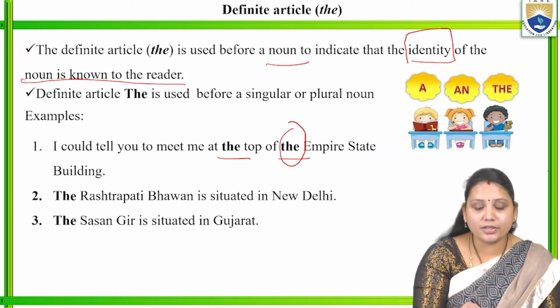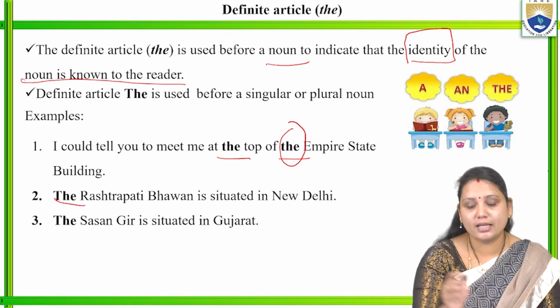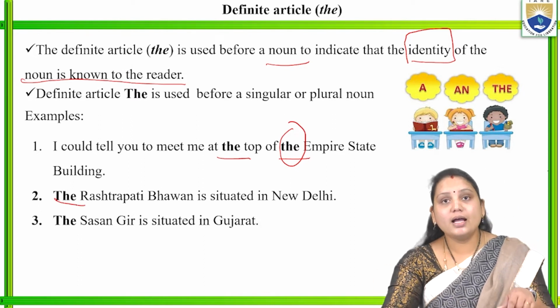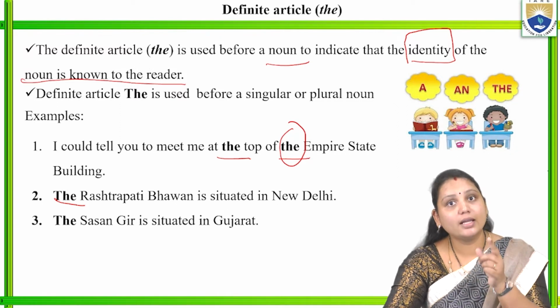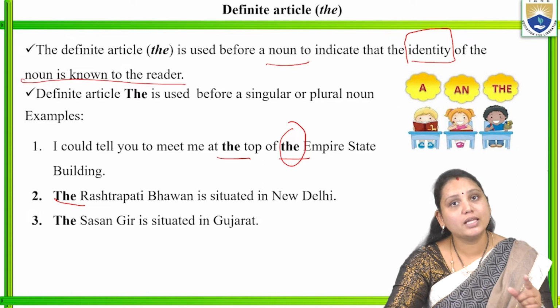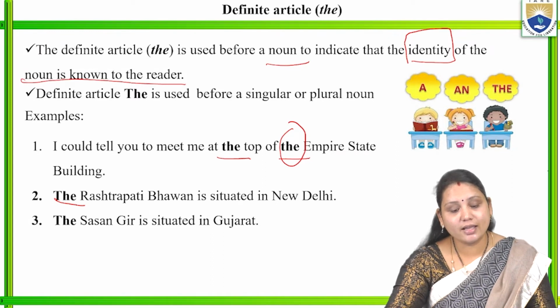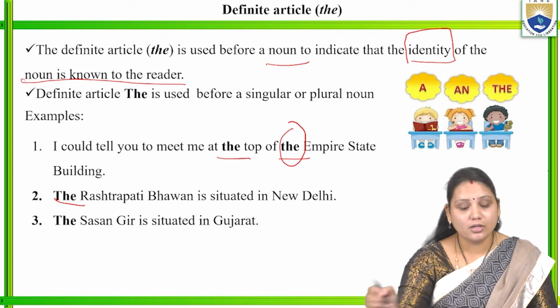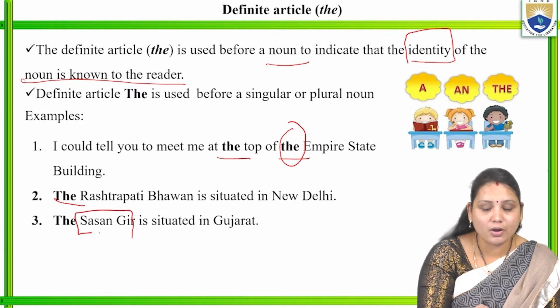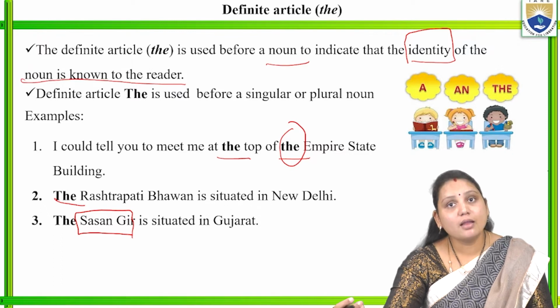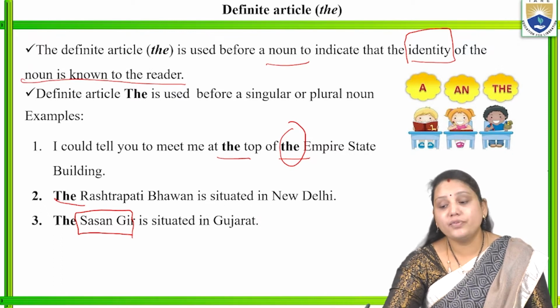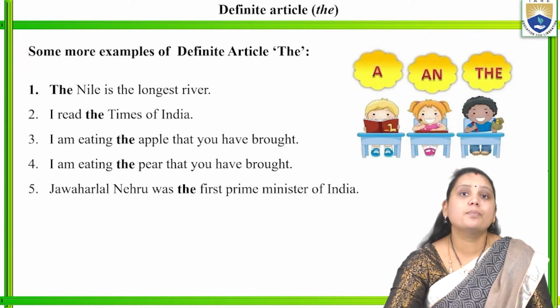Next, the Rashtrapati Bhavan is situated in Delhi. Here the Rashtrapati Bhavan is one, it is unique, it is definite. So, we are using the. Next, the Sasangir is situated in Gujarat. So, we are specifically talking about this place. Where is it situated? In Gujarat. In that way, we use the before nouns which indicate their specific position.